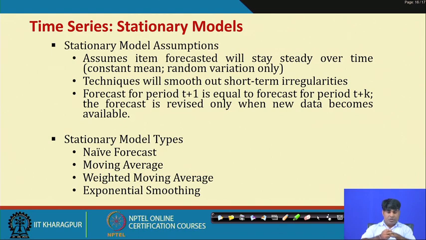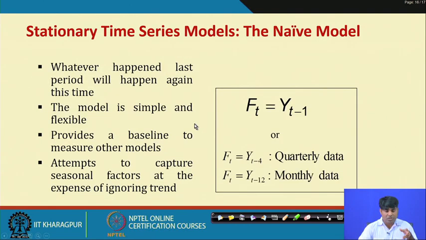So, the stationary model types, if you look, are naive forecast, moving average, weighted moving average, and then exponential smoothing. Of course, we have already discussed these techniques slightly, still we will just highlight them once again. And in these lectures, most important is the focus on the error part.